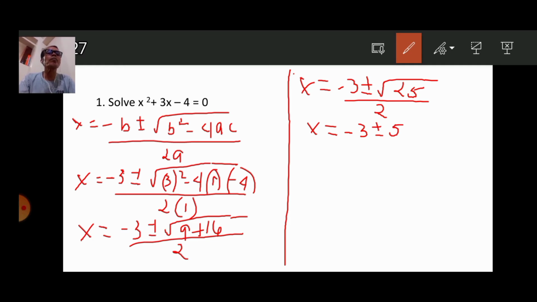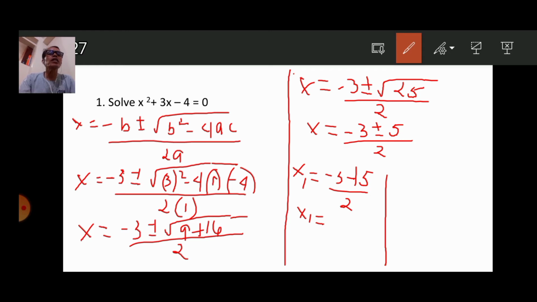Now, you are going to separate the plus and minus sign. So you will now have x sub 1 is equal to negative 3 plus 5 over 2. So x sub 1 is equal to negative 3 plus positive 5, which is positive 2, over 2. Therefore, x sub 1 equals positive 1.